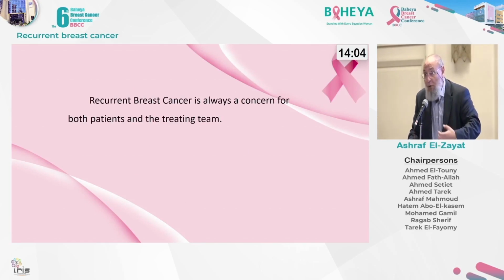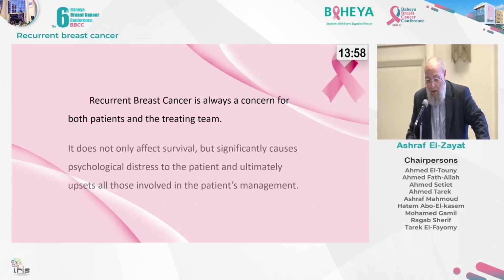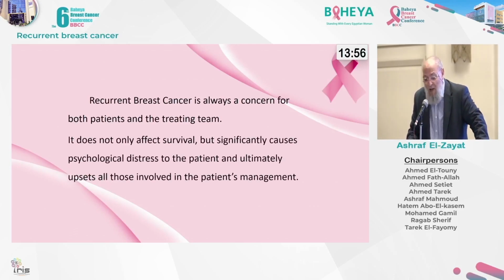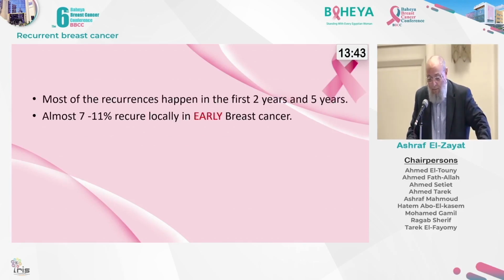Because we want to do the best to improve survival, but also to reduce local recurrence. It does not only affect survival, it will cause a lot of psychological distress to the patient and also to the managing team whenever you get a recurrence. It's the end of the world for many patients, even if it is curable later.